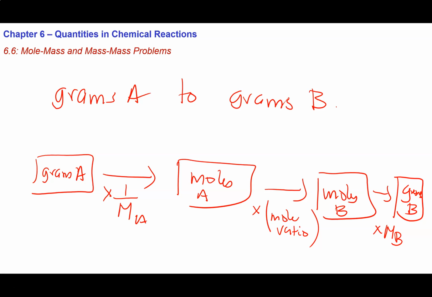Now, it is really important that you get this type of calculation down pat, that you get really strong at being able to do it almost on autopilot, because we're going to be doing it again and again and again throughout the general chemistry sequence.